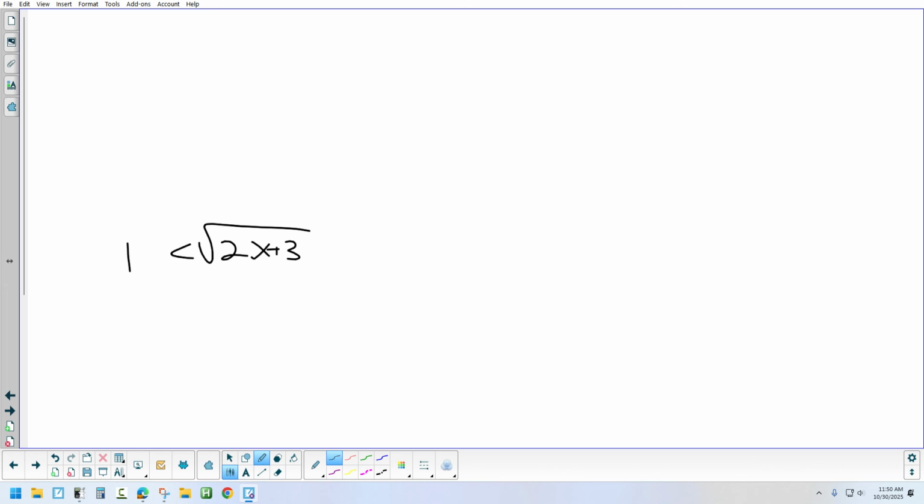It's not hard on the calculator. You just put one side on y1, you put the other side on y2, and you'd be looking for where the square root is above the horizontal line at 1. So you just have to graph it and look at it. Calculate and intersect is usually part of it.